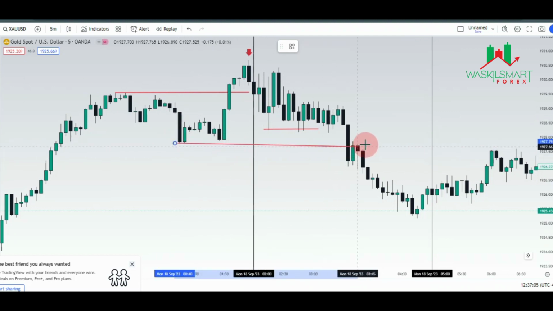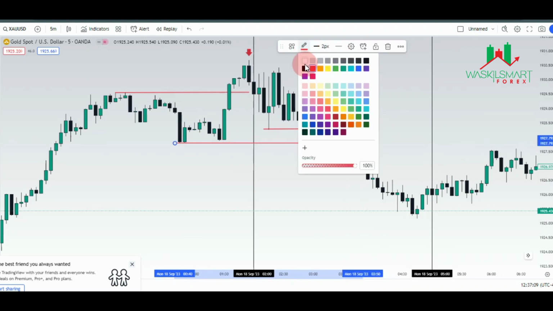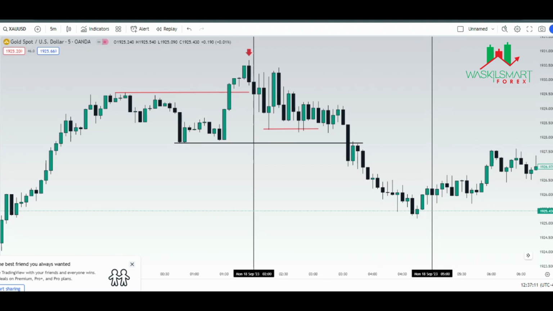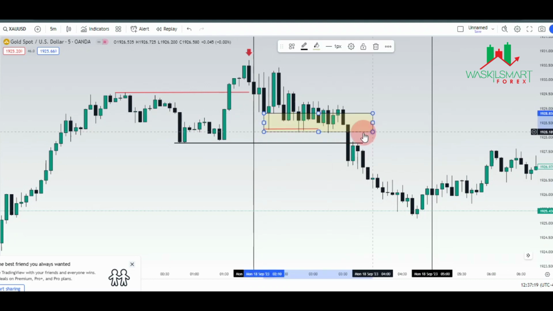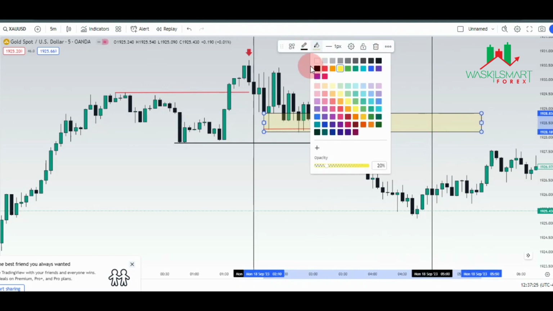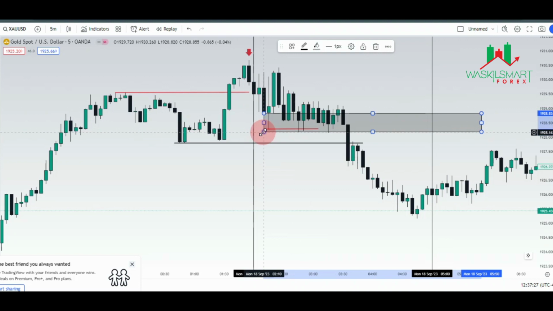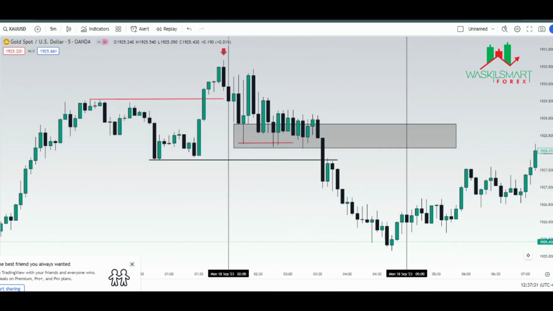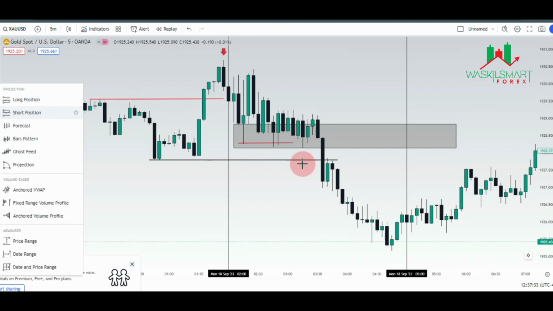Then I waited for this low also to be broken. When this low was broken, I said to myself, now this is the time to be a seller. Then I put my entry at this mitigation block here where the market was consolidating. I want to be a seller if the market comes back into this section.